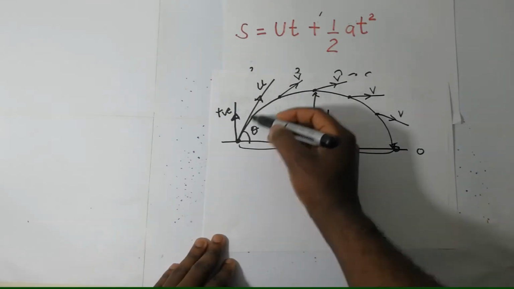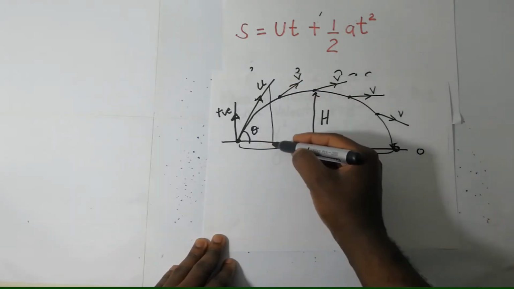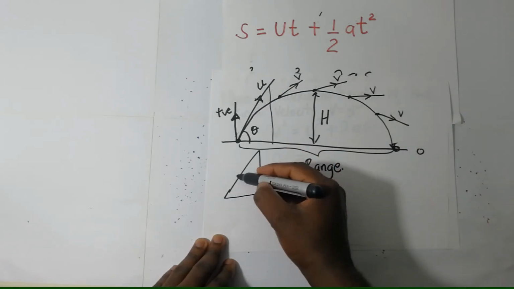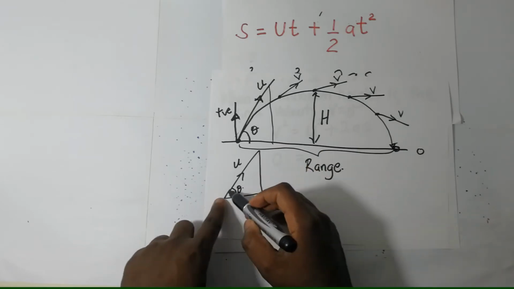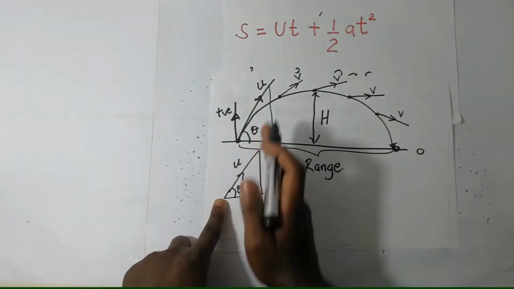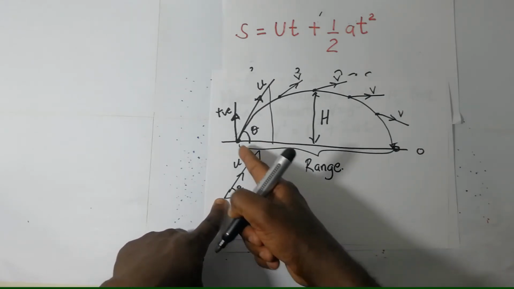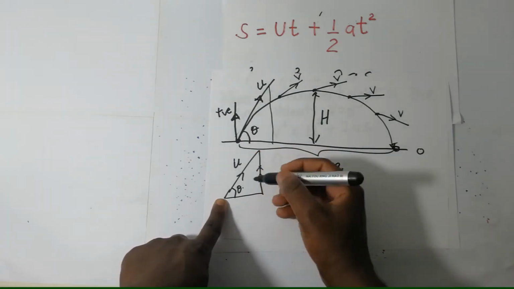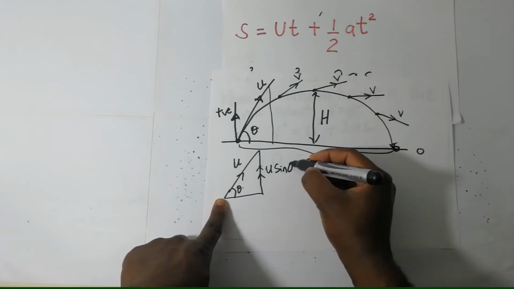Since this is going off at an angle theta, if I may extrapolate this triangle and redraw it here roughly, this is our initial velocity, that's our angle theta, and we're supposed to resolve this velocity in the vertical direction, as it's moving up. Resolving this, it's going to be u sine theta.